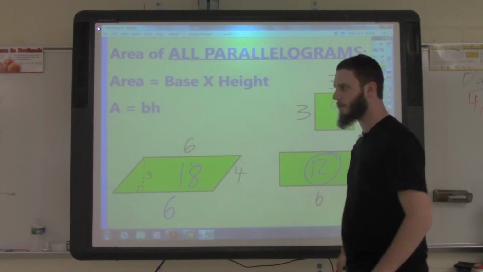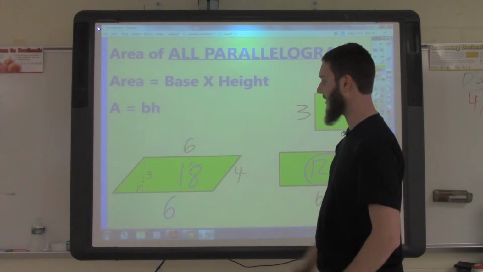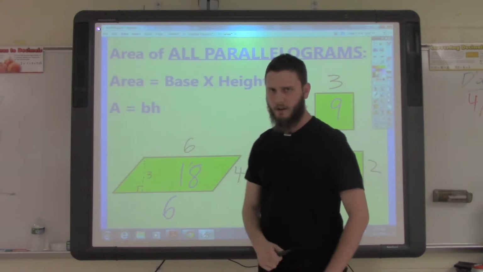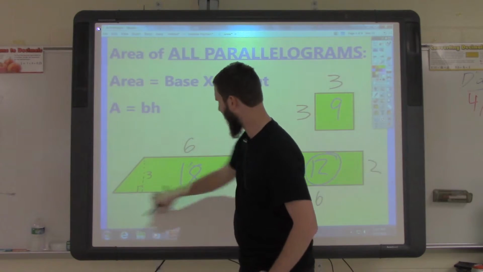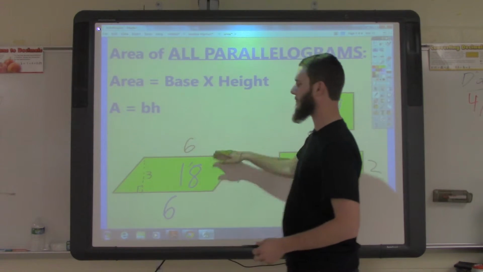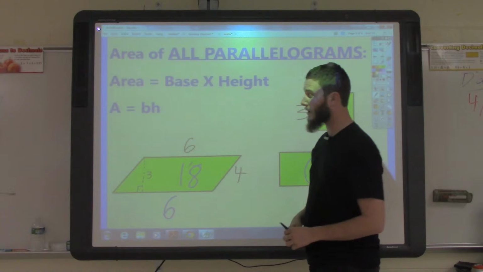Now before some of you go nuts telling me that this shape does not work, this shape can't work because if I were to take the base of this, it's not matching up with the base at the top. Well, that's where you're wrong.